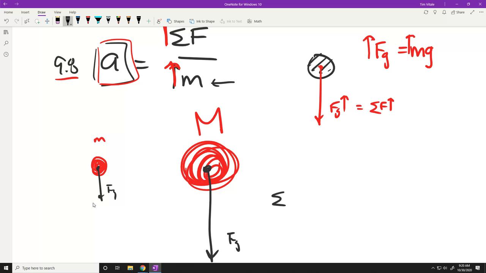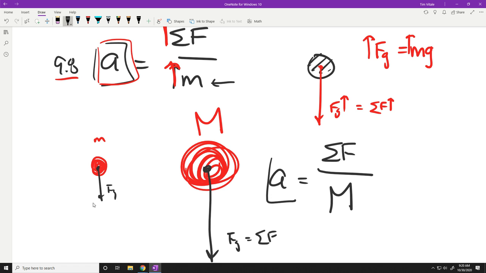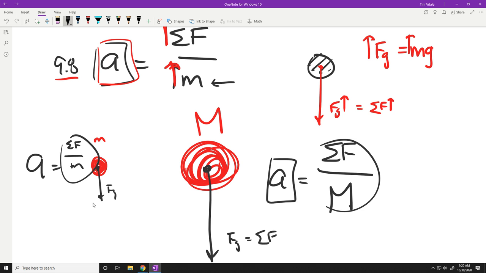And so the acceleration here would be a equals big F, because this is Fg, over big mass, so you get a. And then this one is going to be regular a, and you get little force over little mass. So the proportions are still the same. Okay, I'm glad that helps you understand.